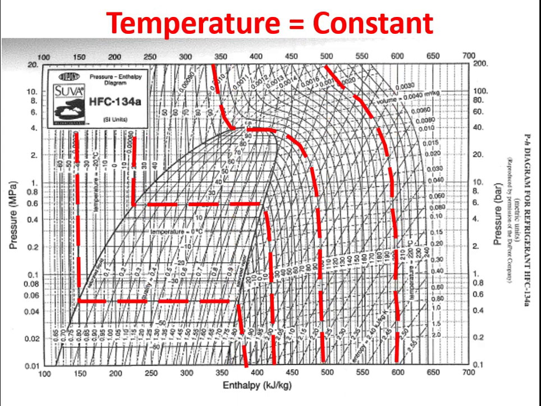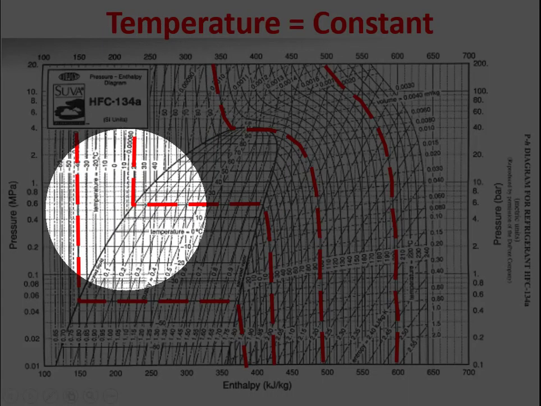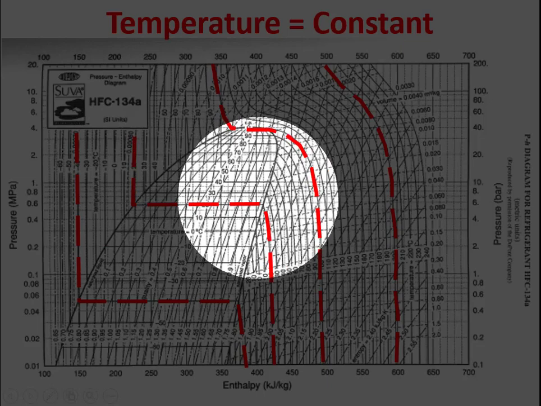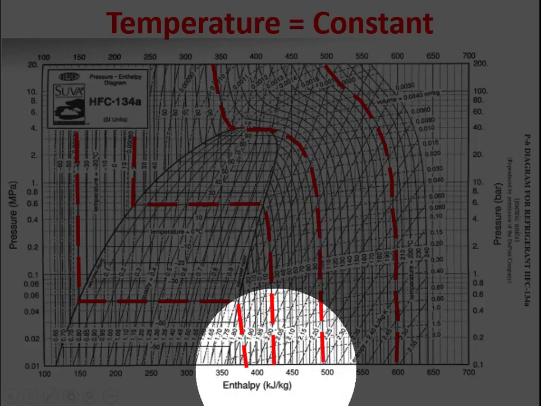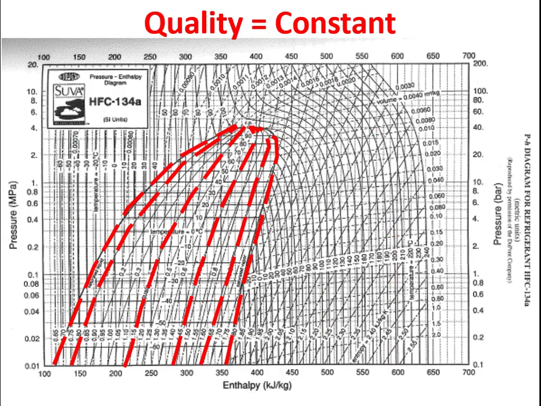I can try to find a constant temperature line. If I follow one of these constant temperature lines, I see that it comes down and then across, because as we're boiling, the temperature stays constant, and then it drops down again.